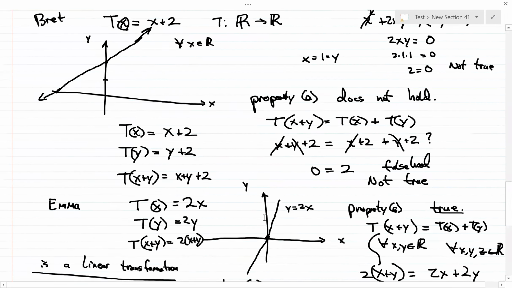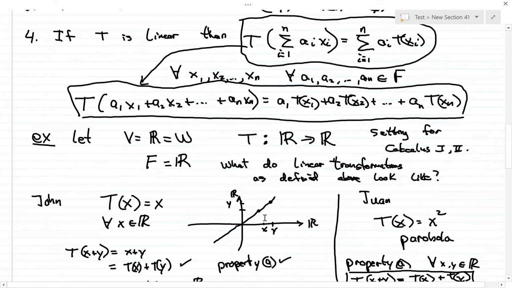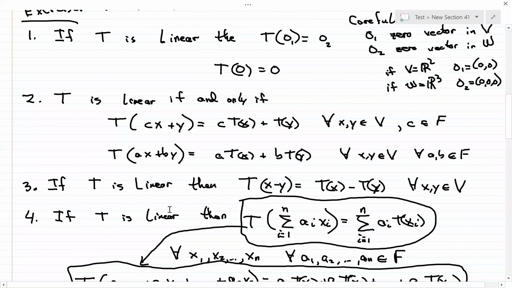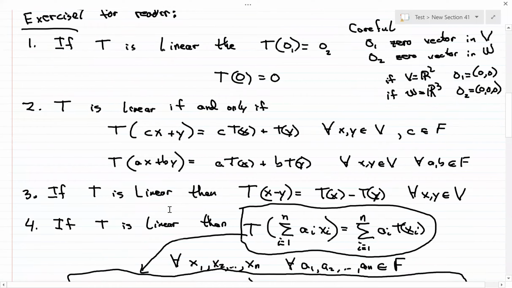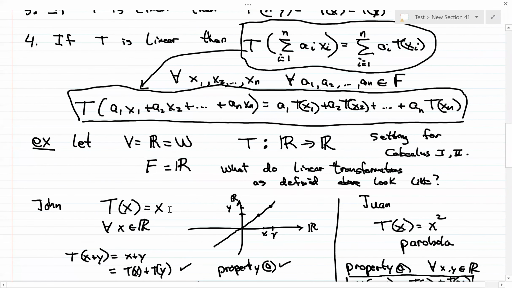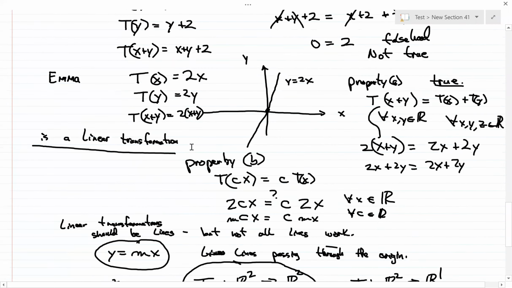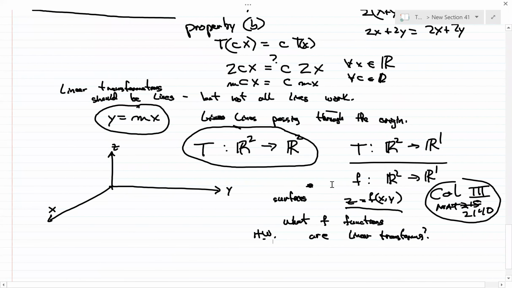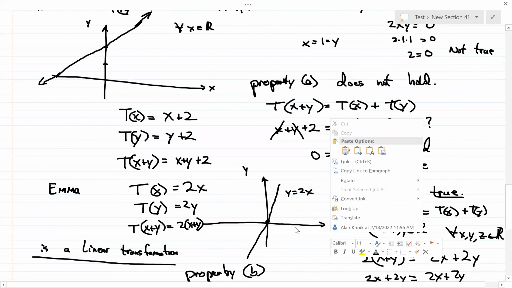Homework problem number 1 was exercise 7, which was to verify these 4 properties. Homework problem 2, which sort of is an outgrowth of what we just did in class, is if we're going from R2 to R1, and we're looking at functions that look like z as a function of x and y, which of those are linear transformations? I'm not asking you to prove it so much, I'm asking you to discover your answer, just in the way we discovered the answer here from R1 to R1.